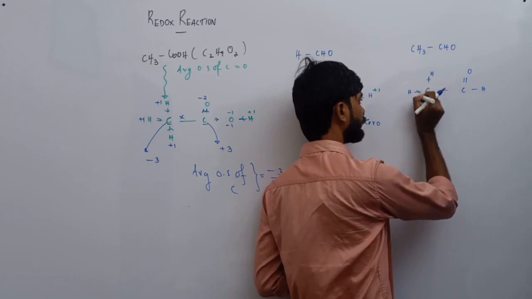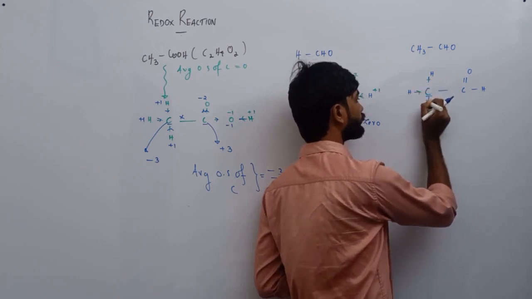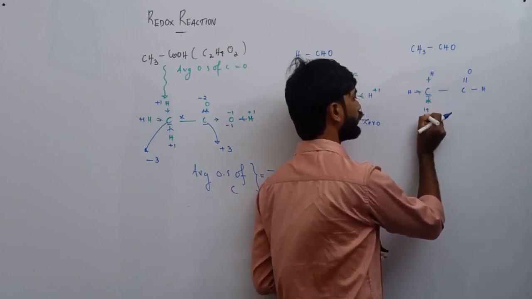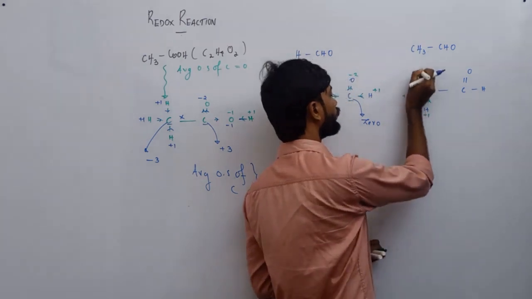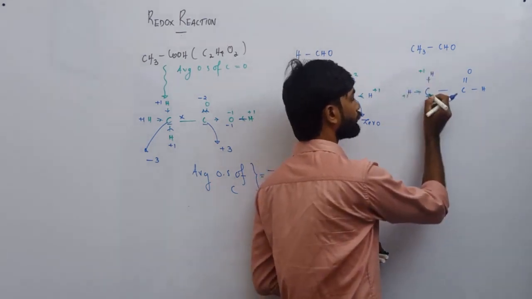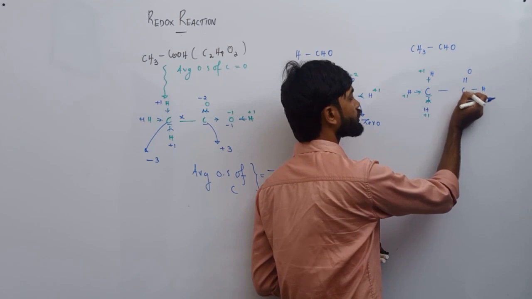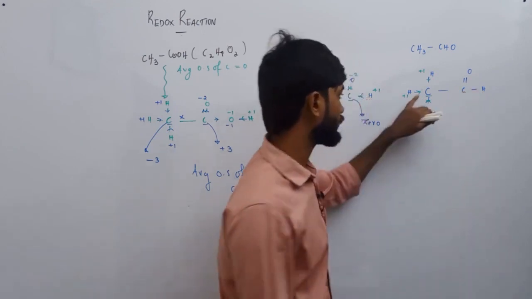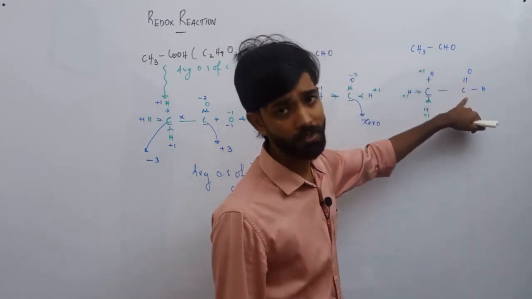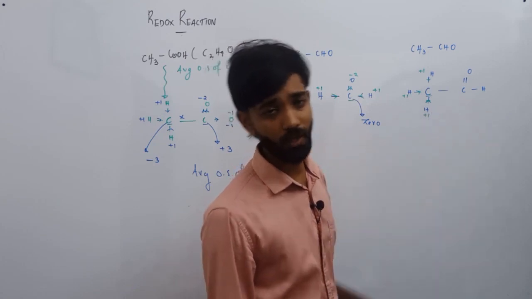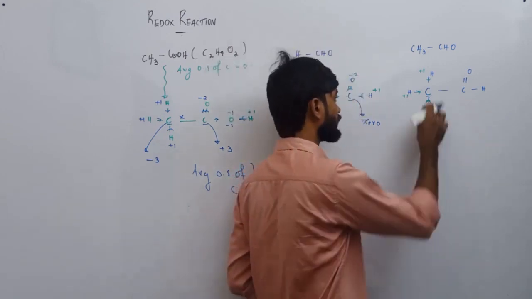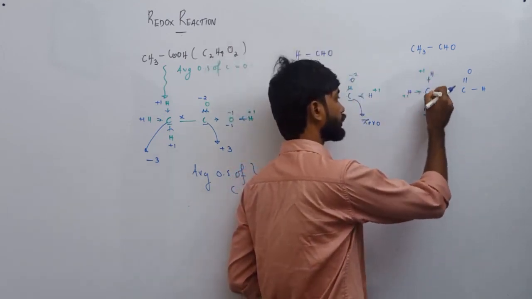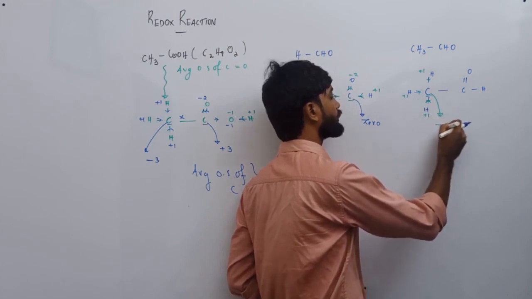Electron density is towards carbon, because here +1, +1, +1. For this carbon, from the right side, there is no problem because it is carbon itself, right? So this carbon is surrounded by 3 positive charges, so this carbon has to supply -3.